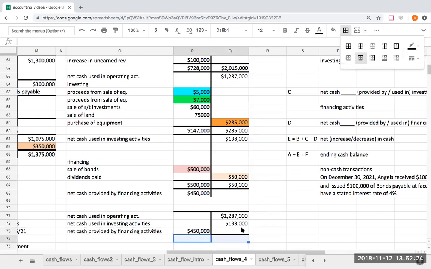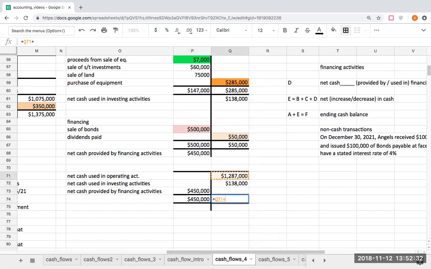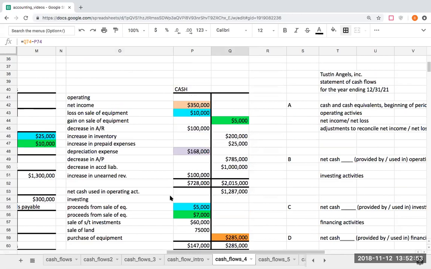So my total change in cash right here is going to be $975,000 negative. So my net decrease in cash is going to be $975,000. So once I've gone through and I've done the T accounts, it should be relatively easy to go through and follow.